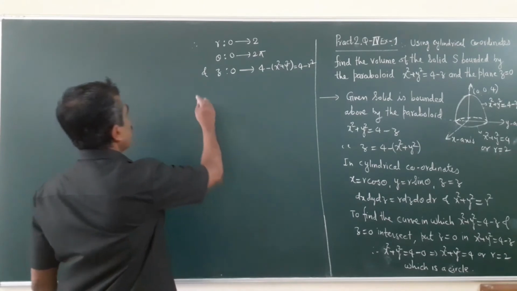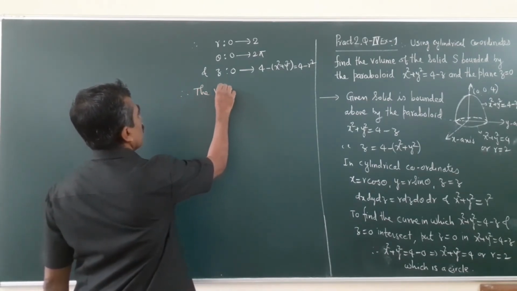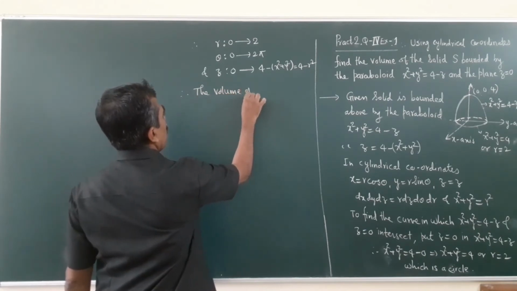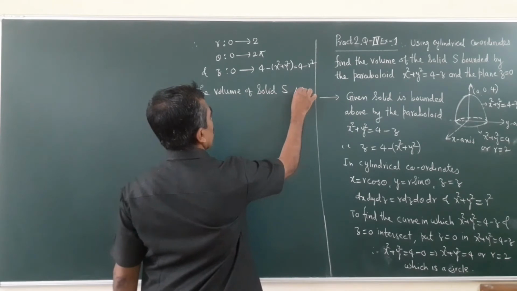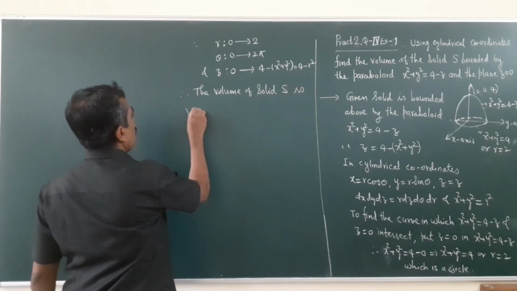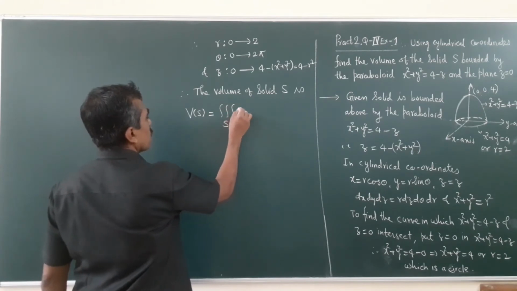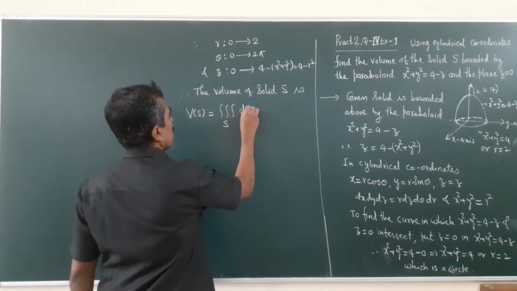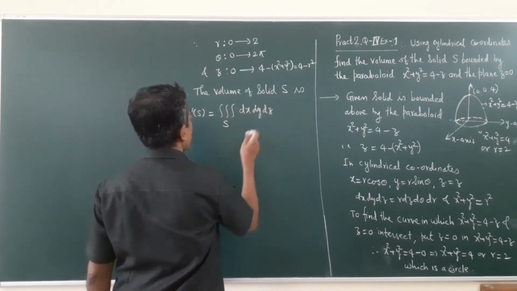Now therefore the volume of solid S, V of S, is equal to the triple integral over S of dx dy dz.